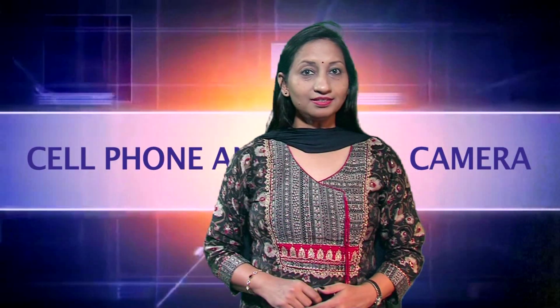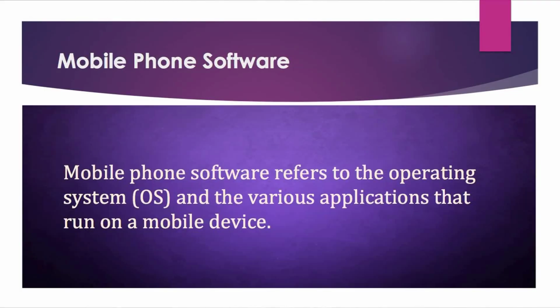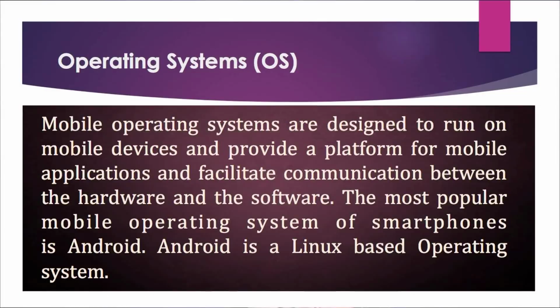Now let us discuss some mobile phone software. Mobile phone software refers to the operating system and the various applications that run on a mobile device. Operating system. Mobile operating systems are designed to run on mobile devices and provide a platform for mobile applications and facilitate communication between hardware and software.